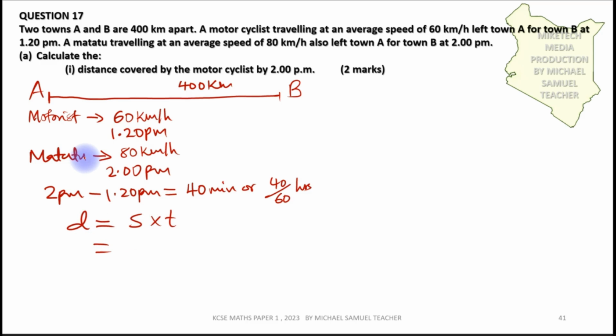The speed of the motorcyclist is 60 km per hour, and we use the time in hours, 40 over 60 hours. So we end up getting 40 kilometers. That is the distance covered by the motorcyclist by 2 p.m.